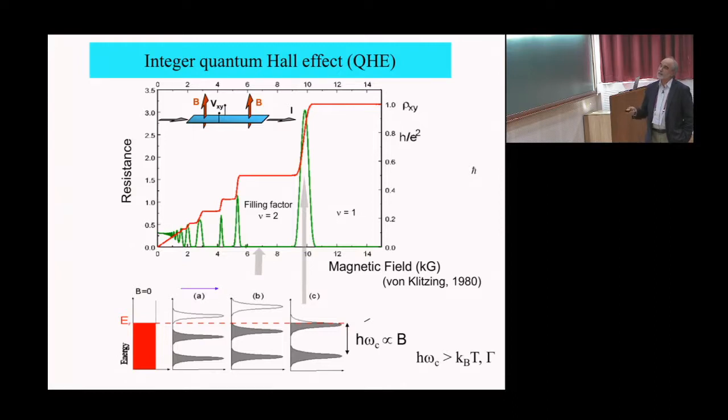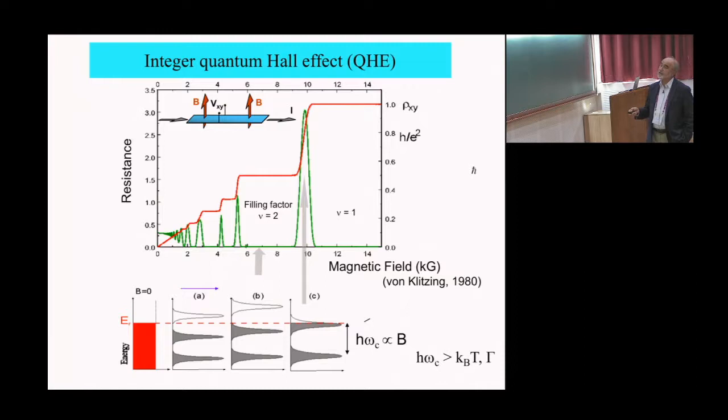The picture very much is that as a function of energy, the density of electrons is continuous for zero field, but as you put on a field, you get a bunch of Landau levels. These are harmonic oscillator states, which are separated by an energy proportional to the magnetic field, so you can make this as big as you like.